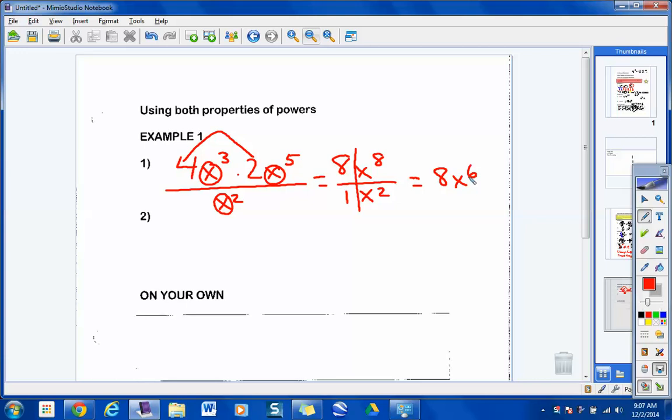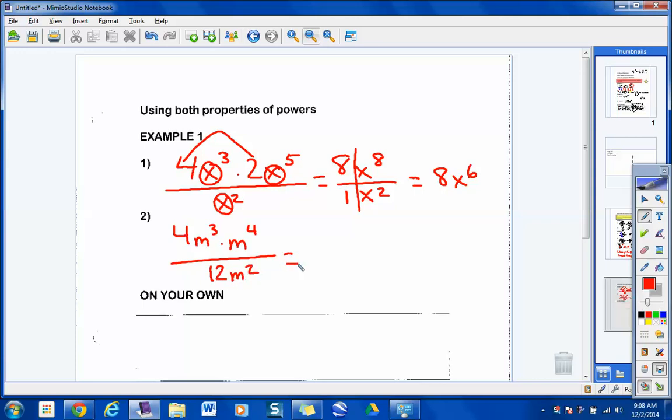Okay. Let's try another one. Let's go something like this. 4m to the third times m to the fourth. And now I want to look at dividing this by, say, 12m to the second. All right, so help me out here real quickly.